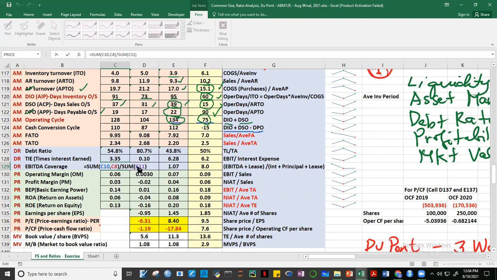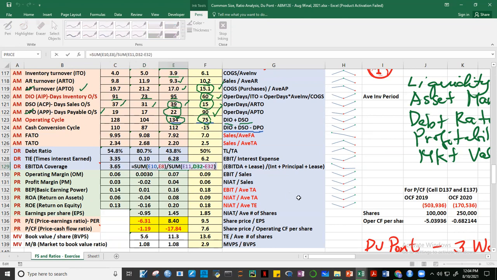Kaya pwedeng divided by C11 yan, kasi itong formula natin, interest plus principal, wala namang principal payments. Wala ding lease, kaya divided by interest lang yan. Okay, pagdating dito, ganun din, guys. So this is EBIT plus DA, so EBITDA, divided by interest, walang principal payment, walang lease. So this is just the interest.